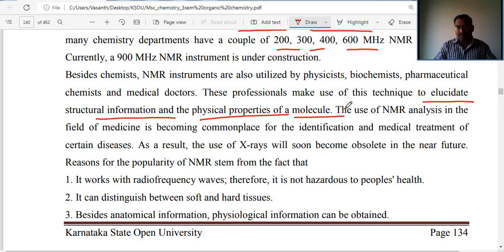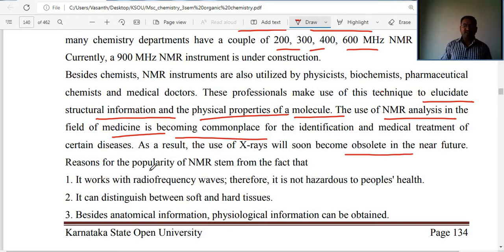The use of NMR analysis in the field of medicine is becoming commonplace for the identification and treatment of certain diseases. As a result, the use of X-rays will soon become obsolete in the near future.